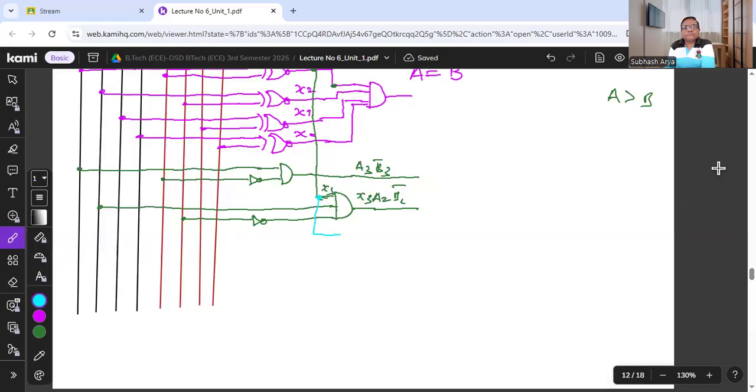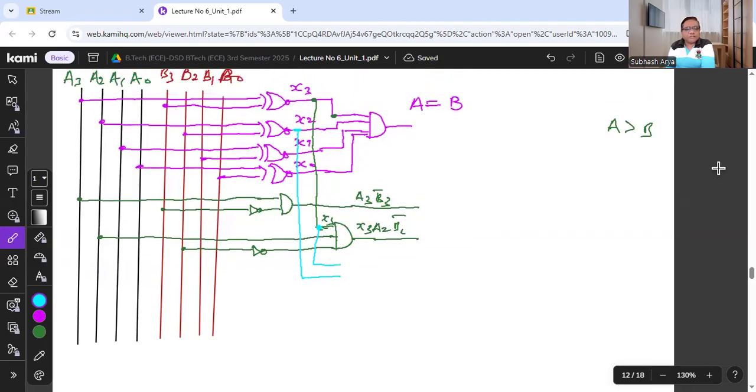Then x2 I can take from there. x2 is here, then x1 for the third bit comparison will be A1 and B1 bar.